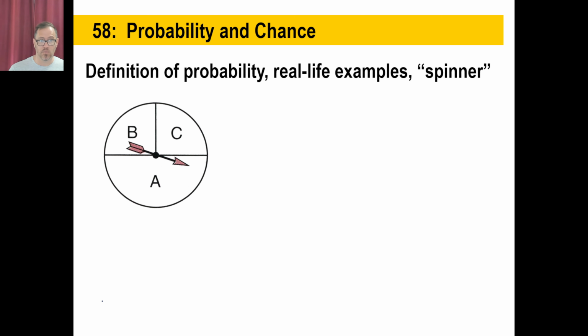So you would just say 1/4. And if somebody were to say, what is the probability of you spinning either a B or a C? You could look at that and say, well, that's 1/4 for the B, 1/4 for the C. Together that's 2/4 or 1/2. The probability is 1 out of 2 that you're going to spin a B or a C. So that's all there is to these.